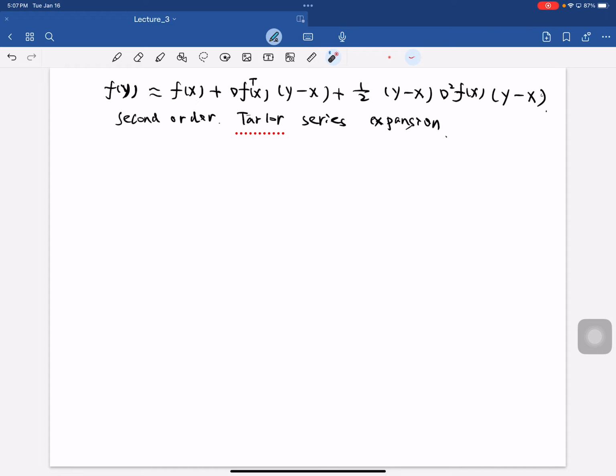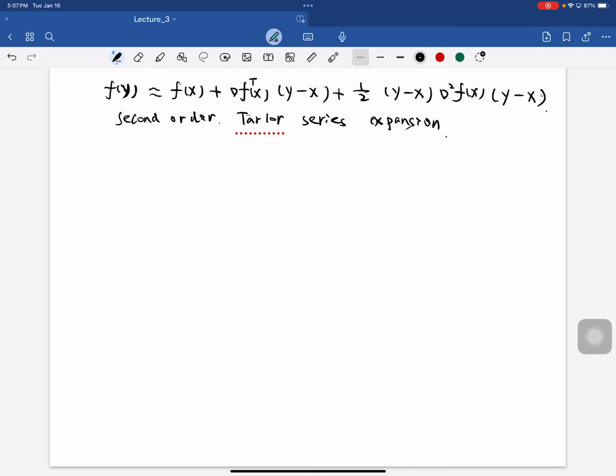Right? So now how do we derive gradient descent through this second order Taylor series expansion? The way to think about it is, since it's a gradient-based method, we do not really want to use a Hessian, right? The Hessian is more difficult to calculate than the gradient.